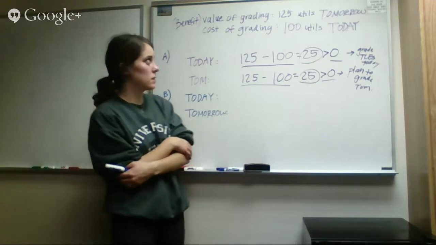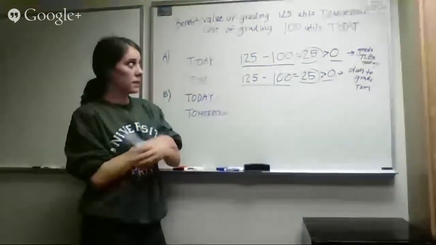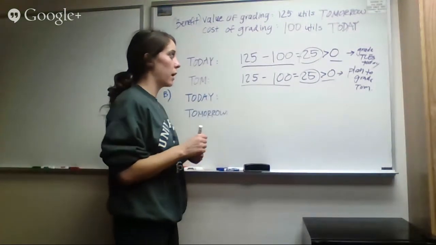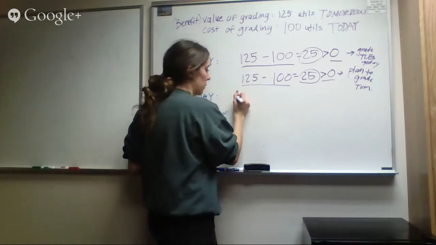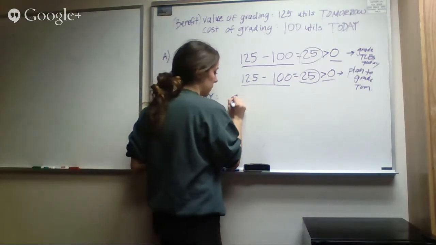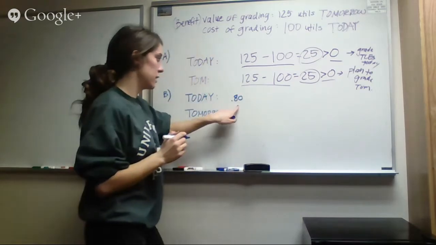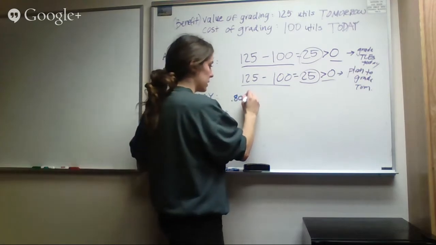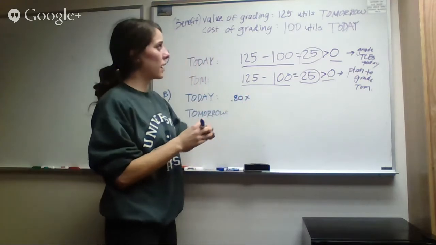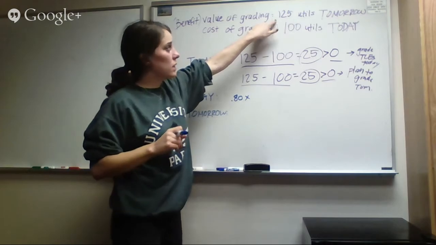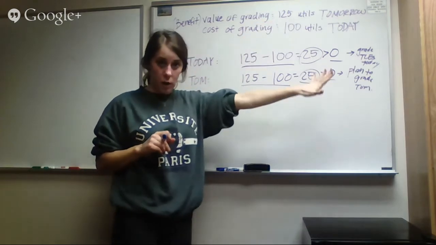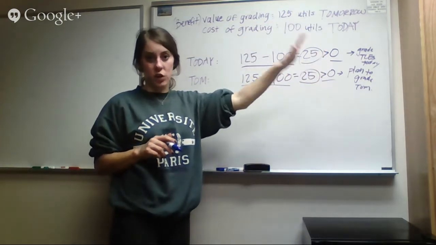So if he values any benefit that he's going to receive tomorrow at 80%, then we're going to multiply that percentage times whatever value he's going to receive tomorrow. So remember, back up here, he receives 125 utils tomorrow when he decides to grade today.